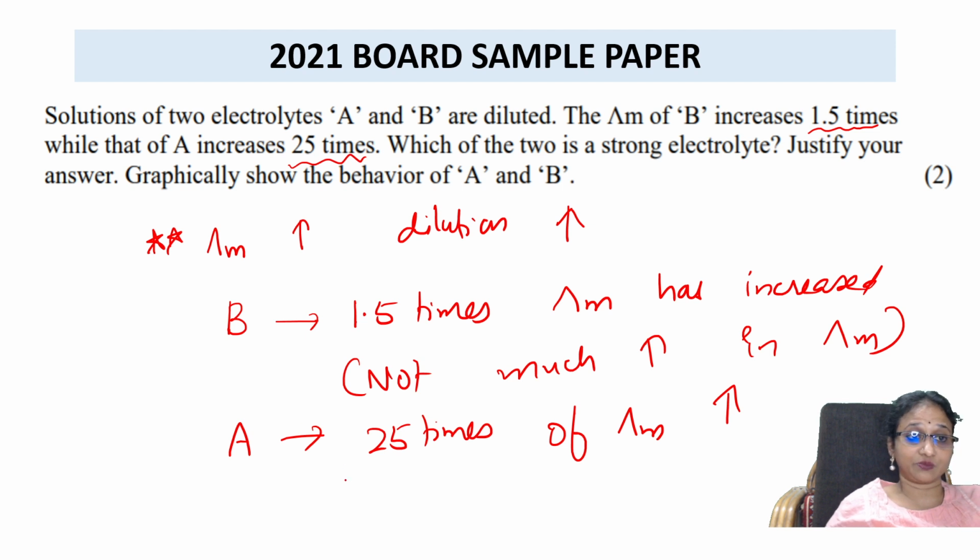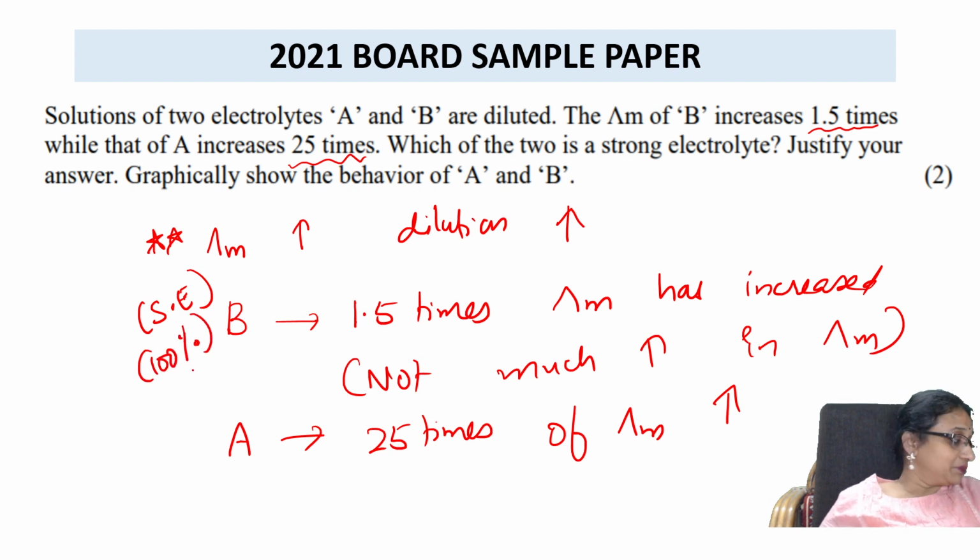That means what is the concept? B is a strong electrolyte. Why strong electrolyte? Because in a strong electrolyte it is already 100% dissociated. There is nothing much left to dissociate, and you are saying it is 1.5 times. It obviously shows less because it is already completely dissociated.